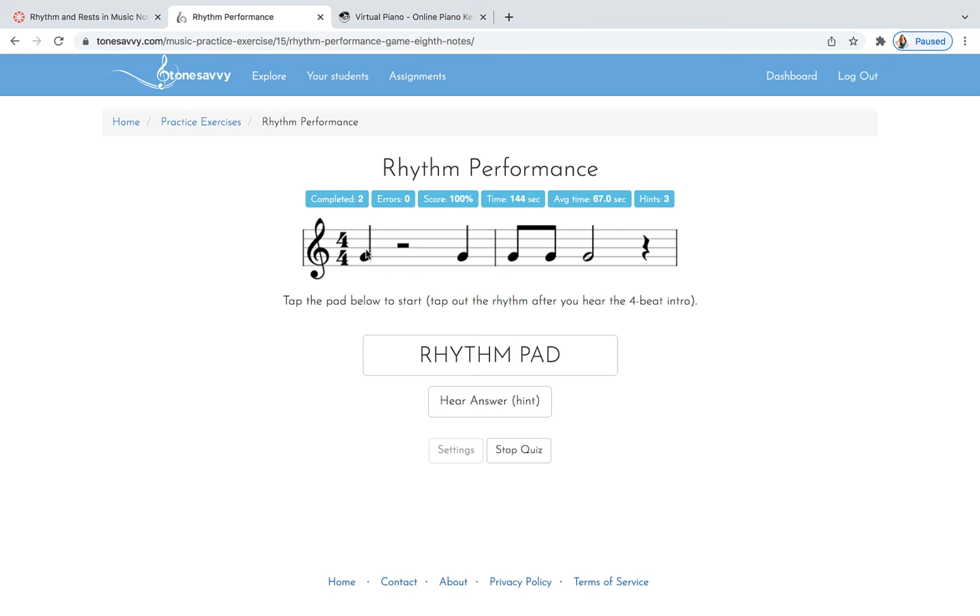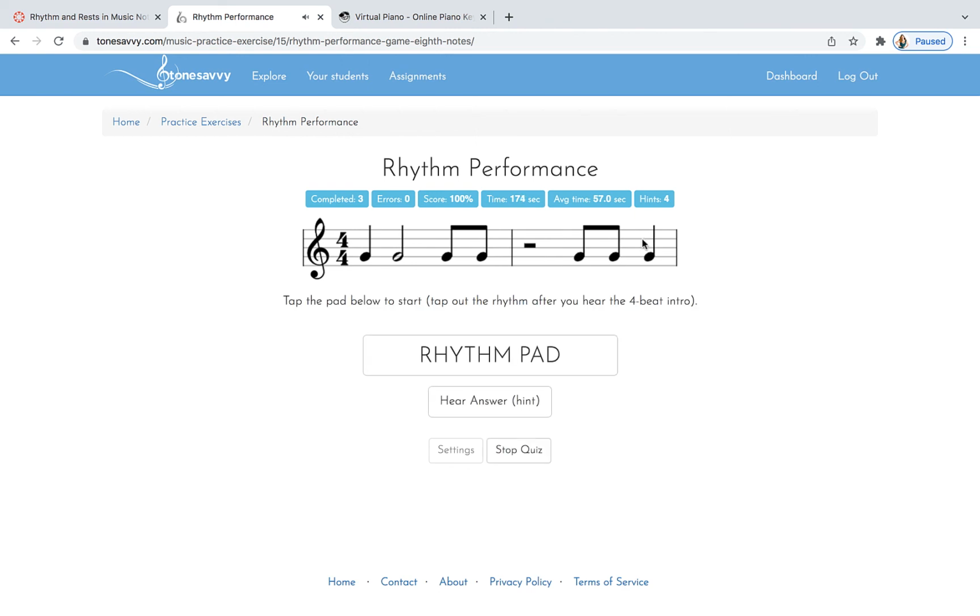So this is going 1, 2, 3, 4. 1 and 2, 3, 4. 1, 2, 3, 4. 1 and 2, 3, 4. I think I can do that. 1, 2, 3, 4. 1 and 2, 3, 4.